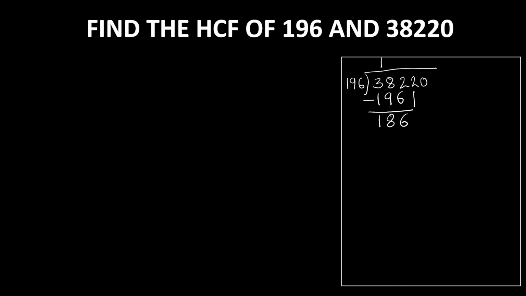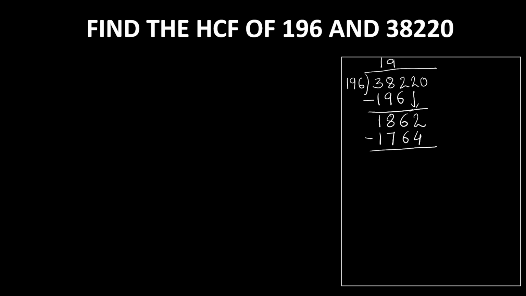Bring the 2 down. So we are now with 1862. We want a multiple of 196 which is lesser than or equal to 1862. Let's multiply 196 with 9. We will obtain 1764.